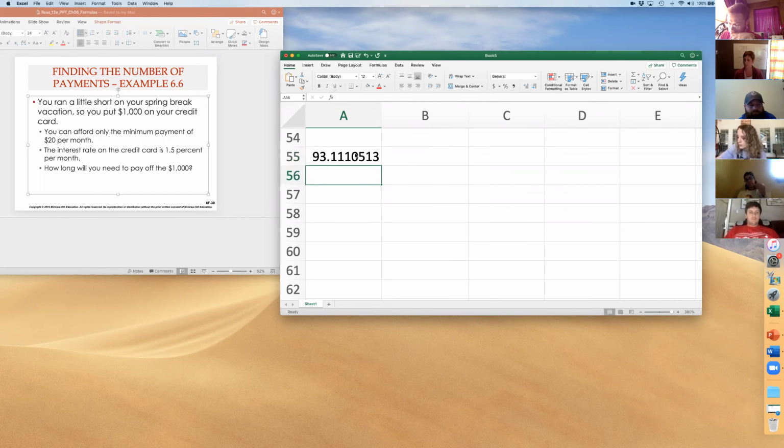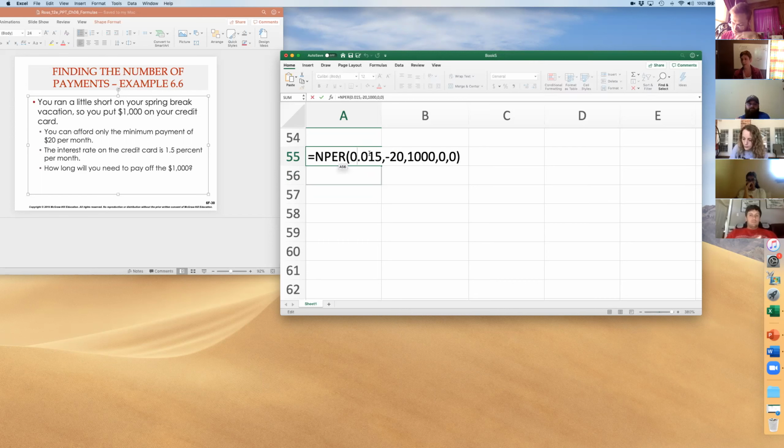93 months. So we get this answer, 93, and we have to determine, well, what is this? Is this months? Is this years? Everything that we put in here was a monthly interest rate, a monthly payment. And so Excel is going to give us the number of months that it's going to take to pay off. So that's 93 months.